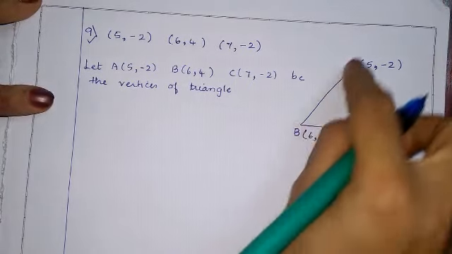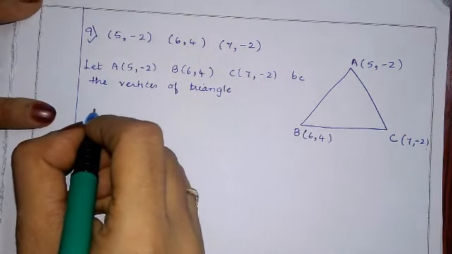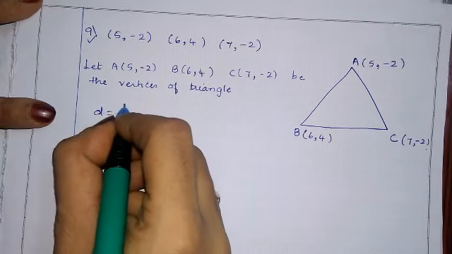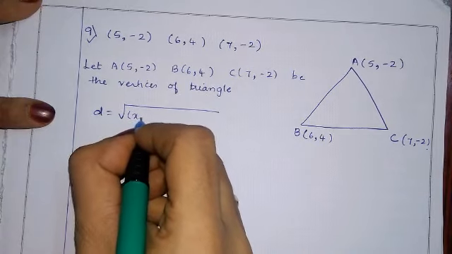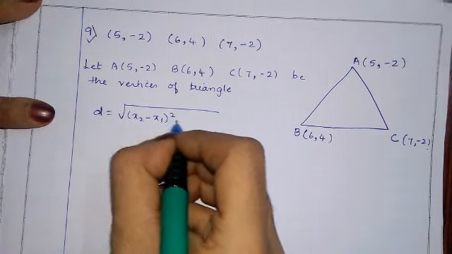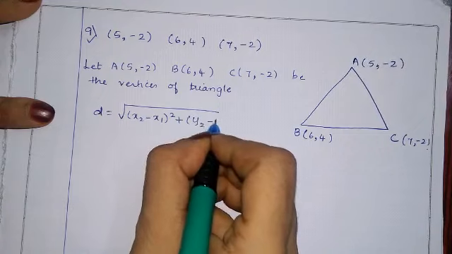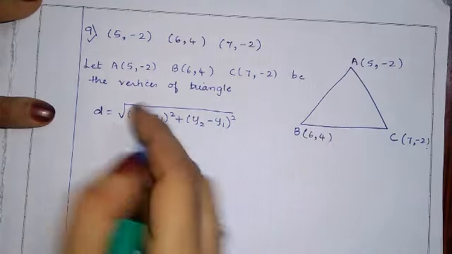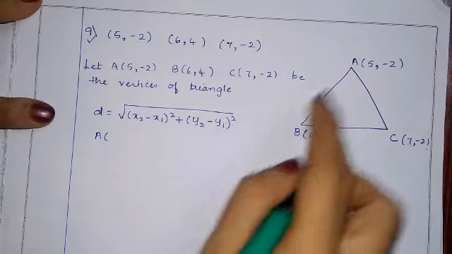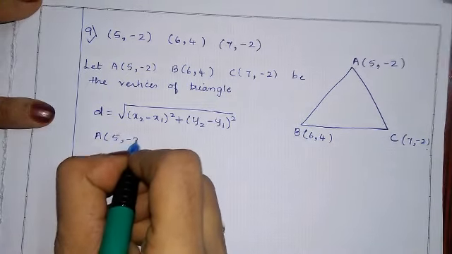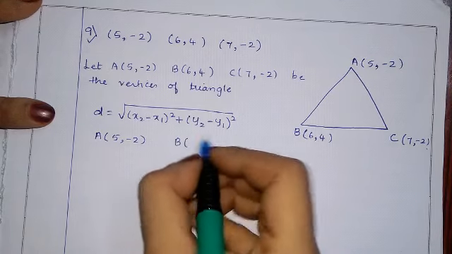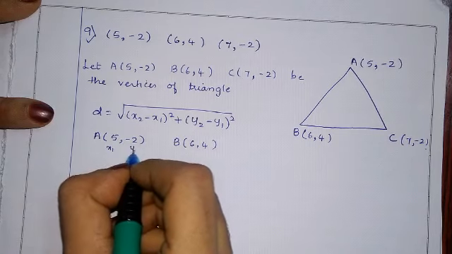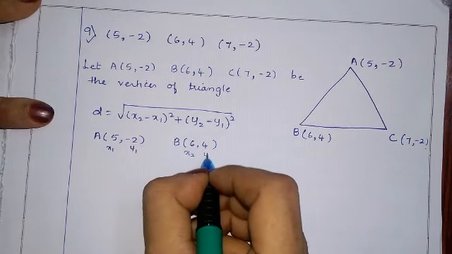Now let us first find the first side. We know the distance formula, D is equal to root of (x2 minus x1) whole square plus (y2 minus y1) whole square. First we'll find the distance between A and B. A point is (5, minus 2) and B is (6, 4). First point is x1, y1, second point is x2, y2.